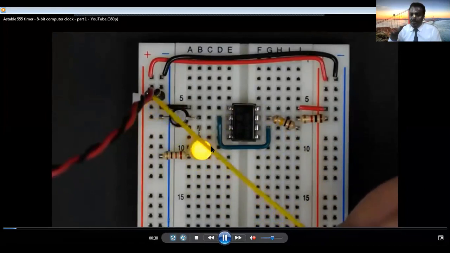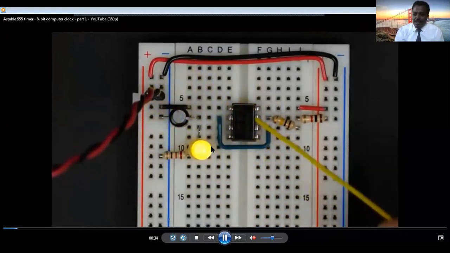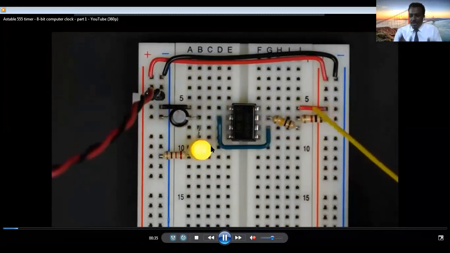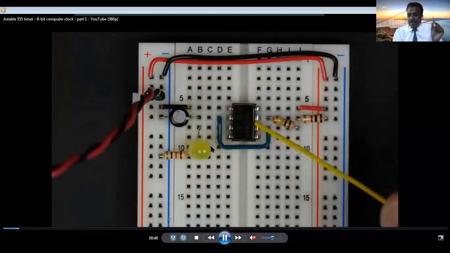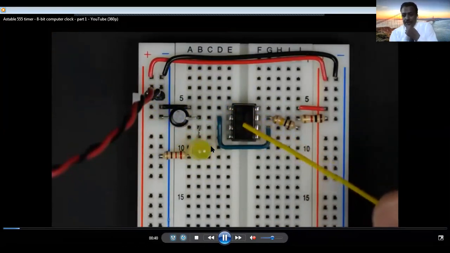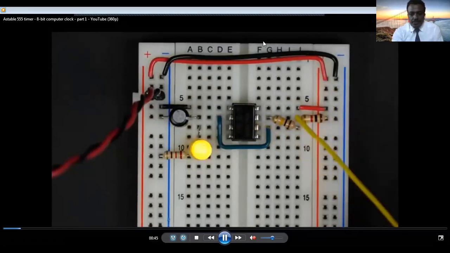The circuit itself generates on, off, without applying any input. So such type of mode of operation of a 555 timer is called astable mode. I will explain these circuits later one by one.